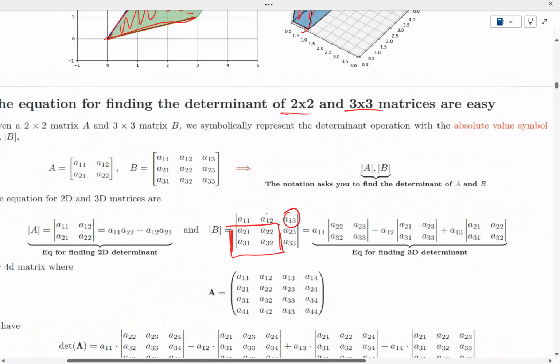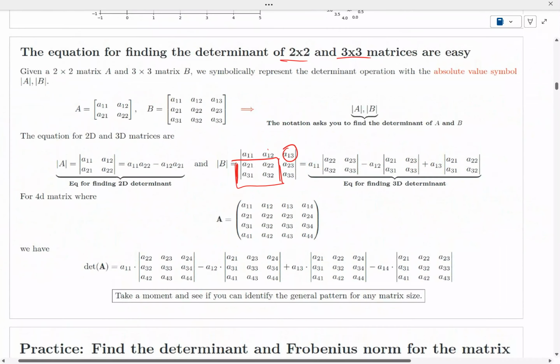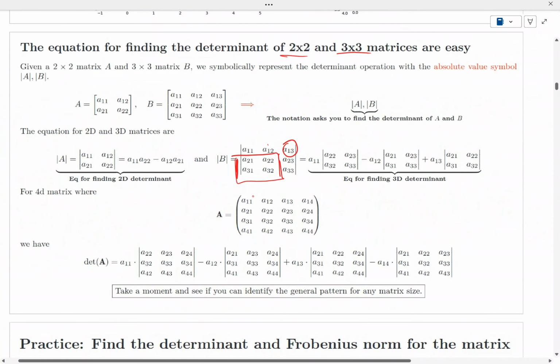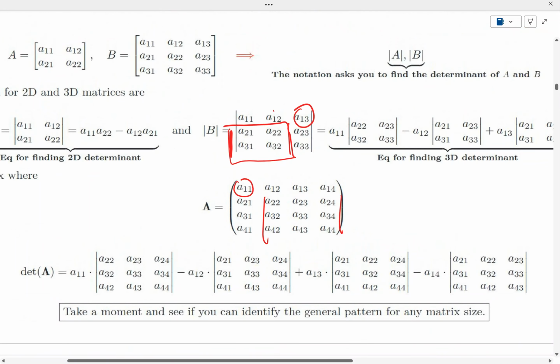It gets more involved. So let's say we have a 4 by 4. If you're trying to find the determinant of a 4 by 4, the idea is the same. We start with plus, minus, plus, minus, and you always alternate between them. You once again pick this one, and then you multiply by a determinant. Then you pick this one, cancel this one out, and you find a determinant.